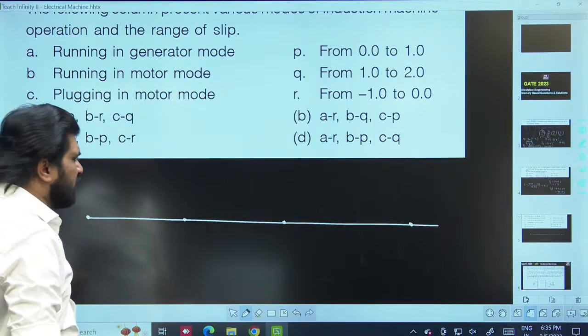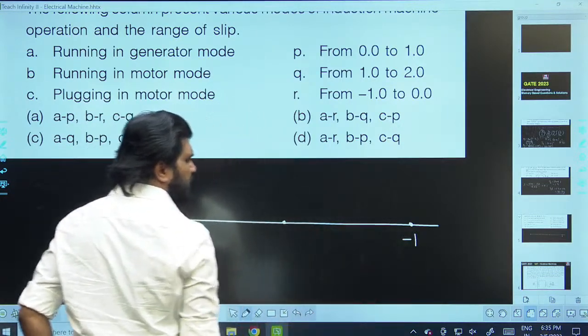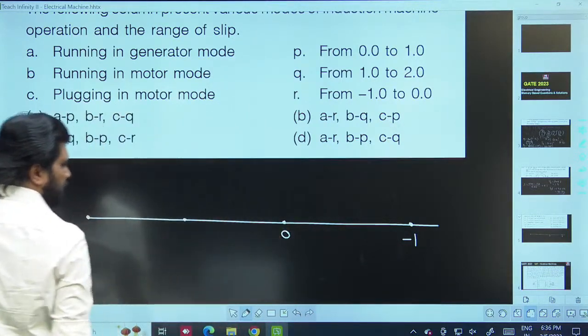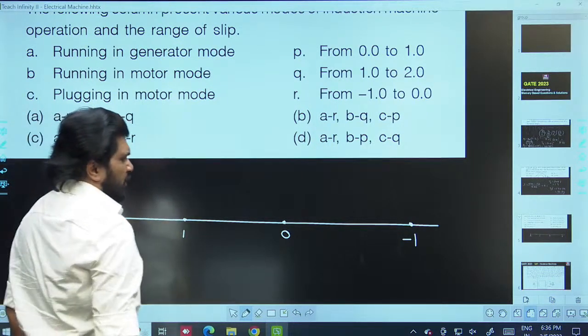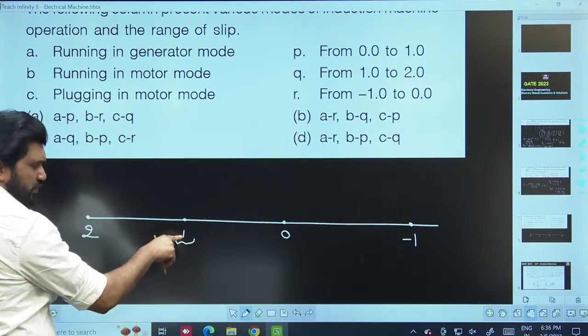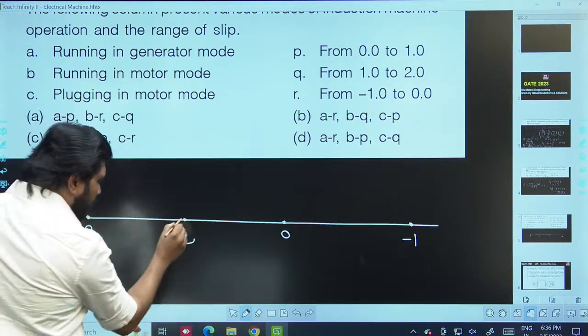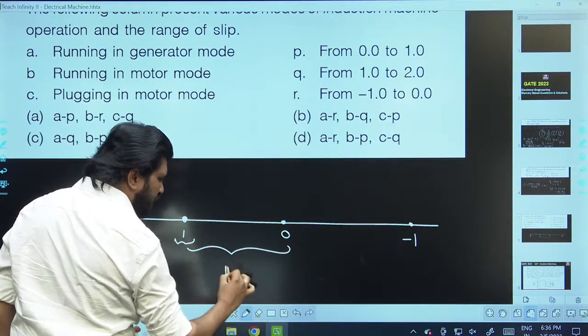The entire torque slip characteristic of induction motor, -1, 0, 1, 2. Here where the motor starts, N is equal to 0, S is equal to 1. Motor starts and runs somewhere near 0. This is motoring mode.